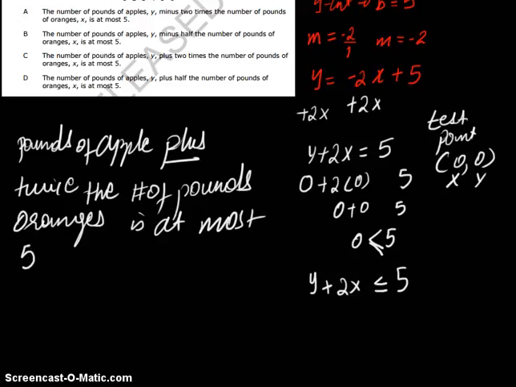Now notice why I use at most right here. Based on this information, at most means less than or equal to. It cannot be more than 5, but it can equal 5, so at most 5.